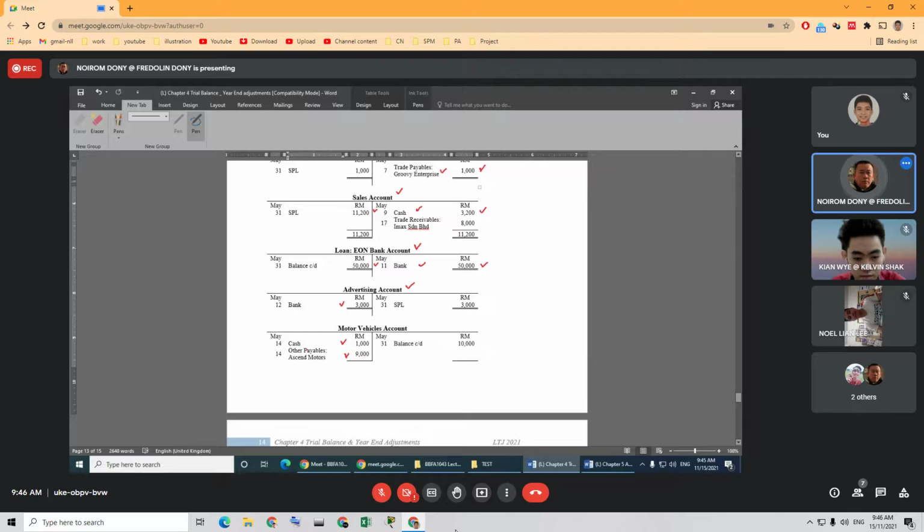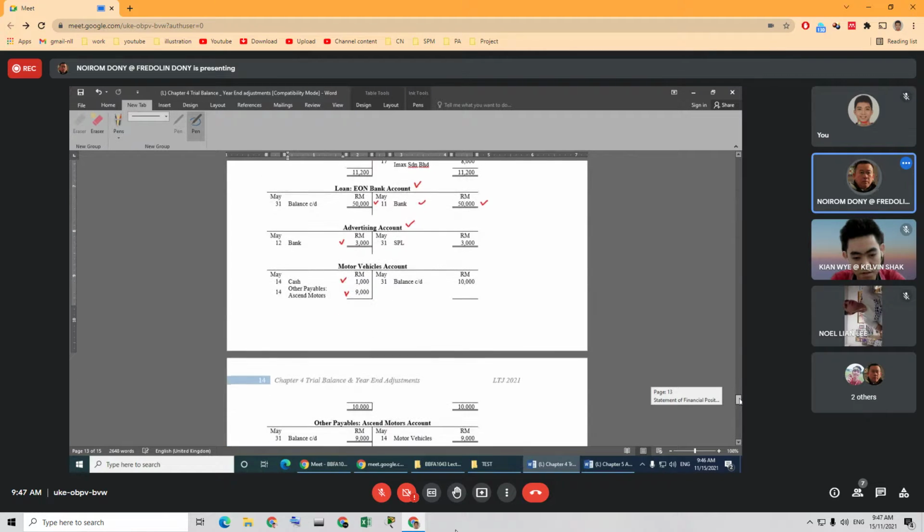So other payable. Why other payable? Because a motor vehicle is not a trading item. So that's why other payable, Asan Motor. Then cash is already open. You need to open other payable only. Then complete the double entry.